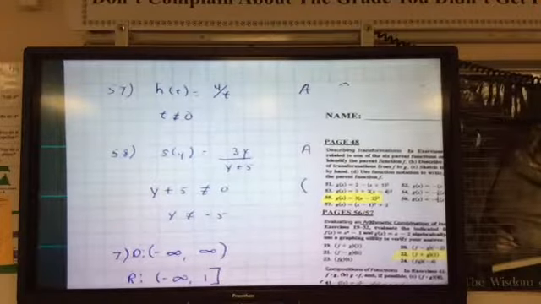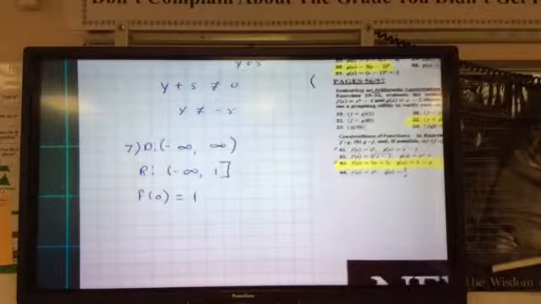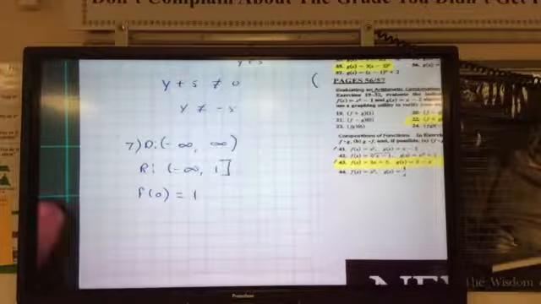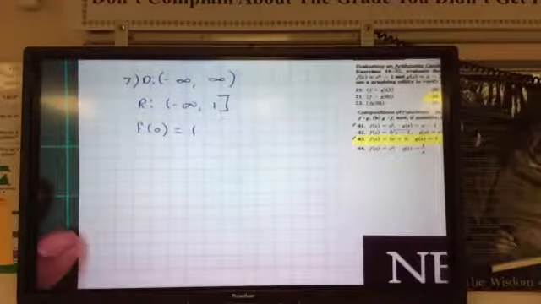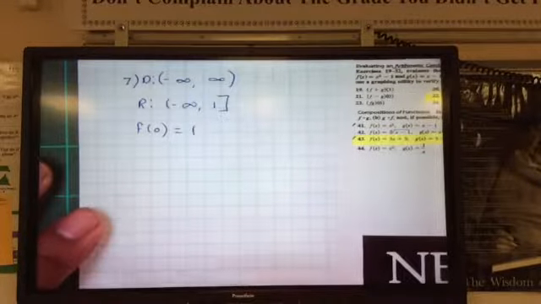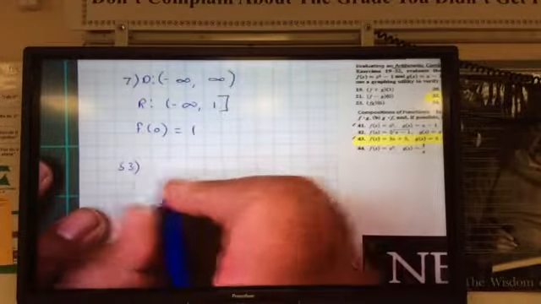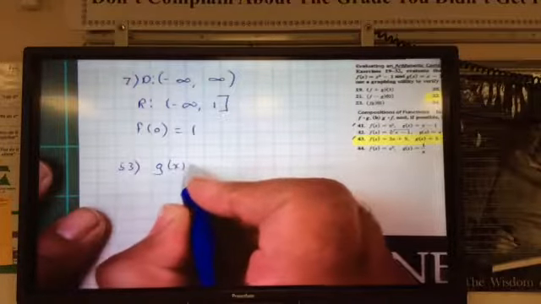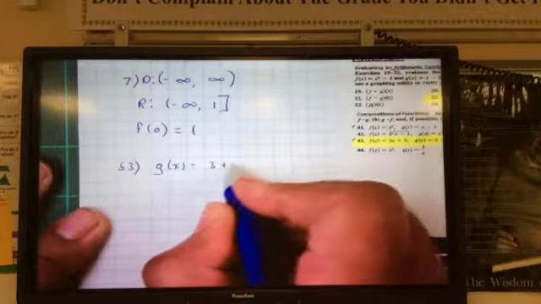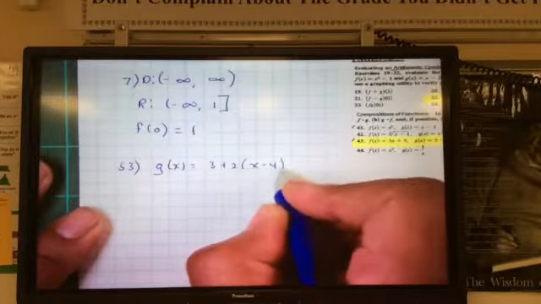Now going to the back, we're talking about transformations. Now you have a handout in your journal that lists the transformations. Now this is asking for the parent function, so why don't I do number 53. 53 says g of x equals 3 plus 2 times x minus 4 squared.